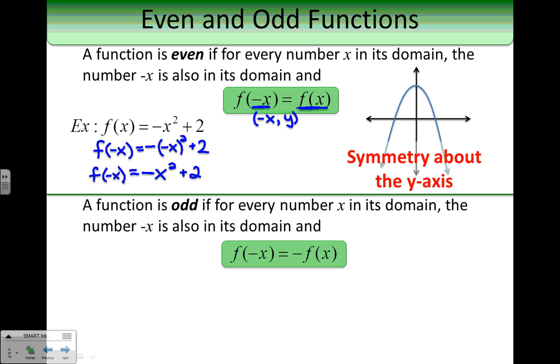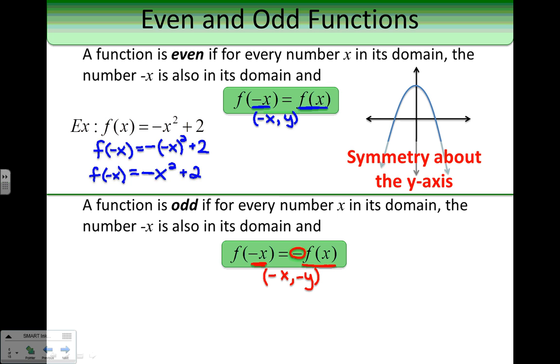A function is odd if for every number x in its domain, the number negative x is also in its domain, and when I plug in negative x, so f of negative x, I will get the opposite of what my original function was. So my input is negative x, and my output is going to be the opposite of the function I started with. So this is negative x, negative y.